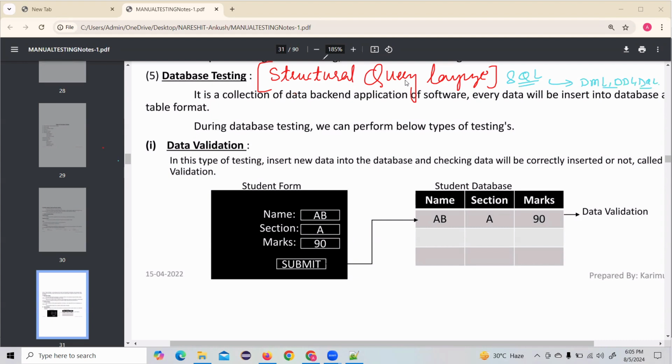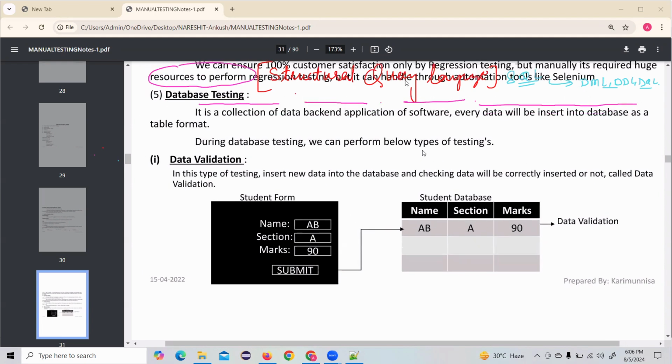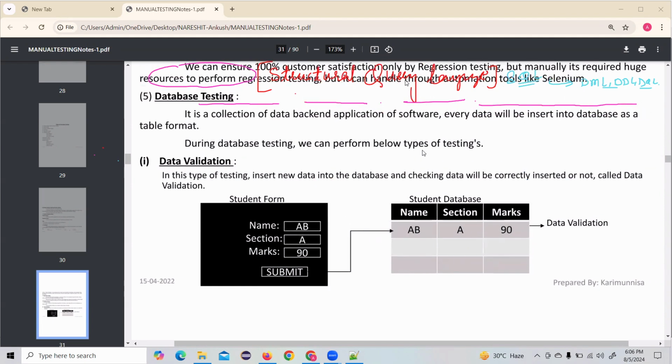Don't worry. But what is database testing, sir? Let us understand now. It is the collection of backend data of the software. Every piece of data will be inserted in the database. We will check whether the user entered data is stored.